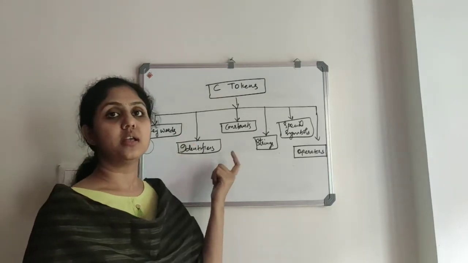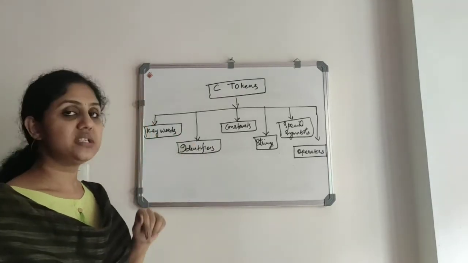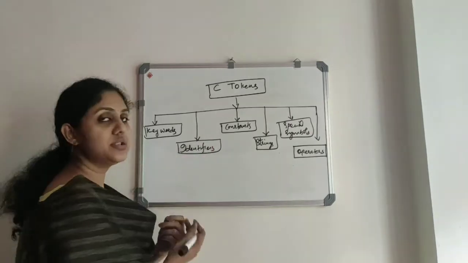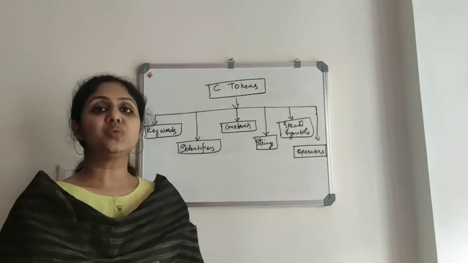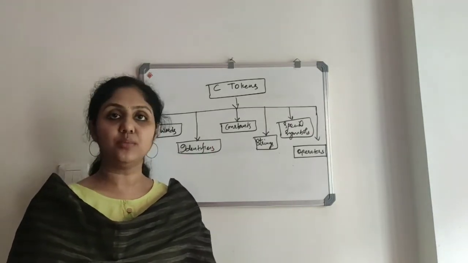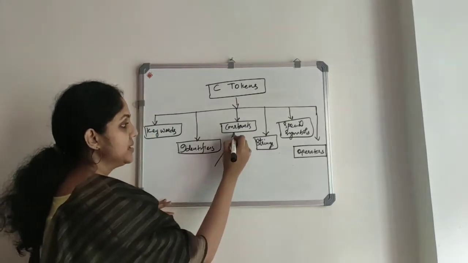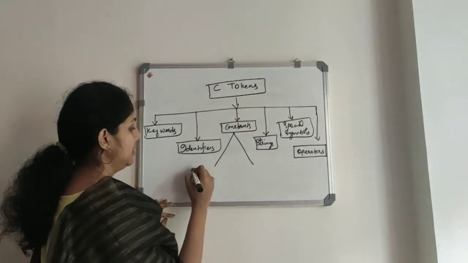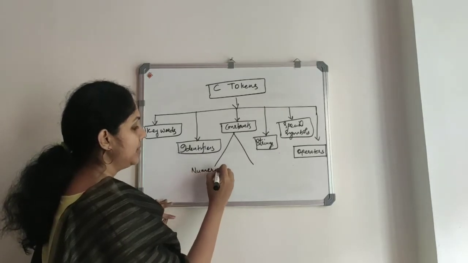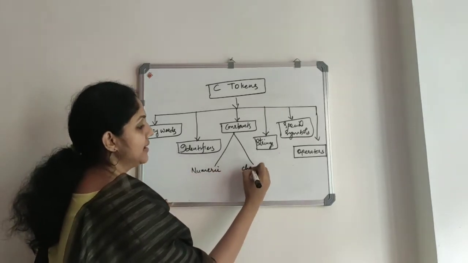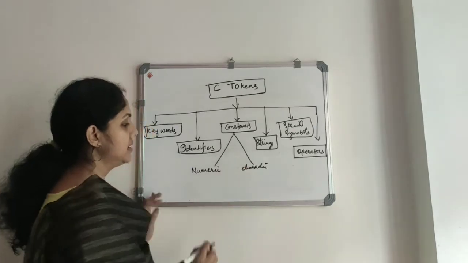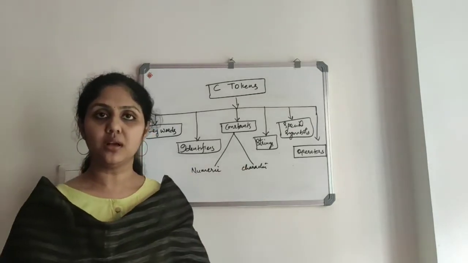Next token is constant. What is a constant? Constants are values which remain the same throughout the program. Constants are of two types: numeric constant and character constant. What is a numeric constant?